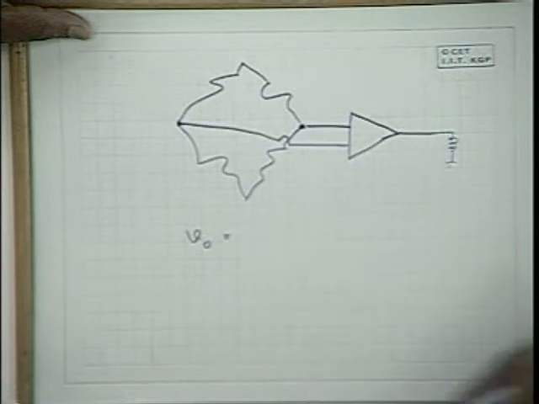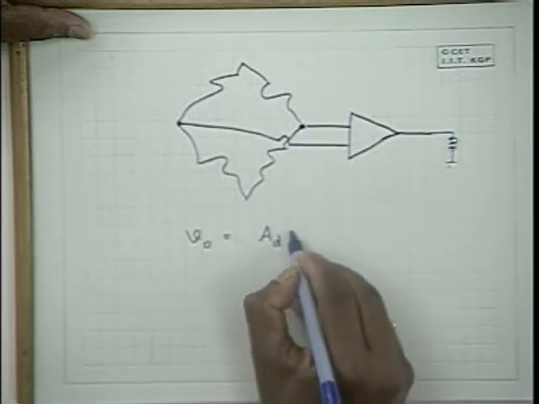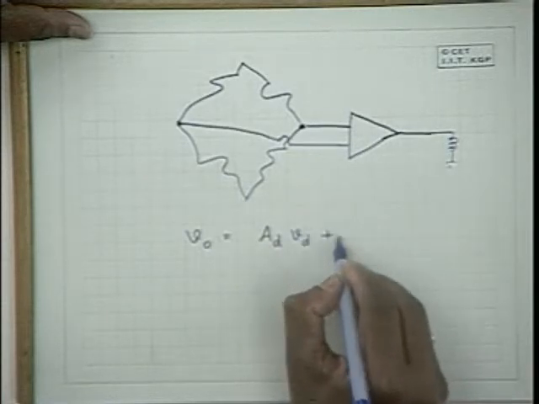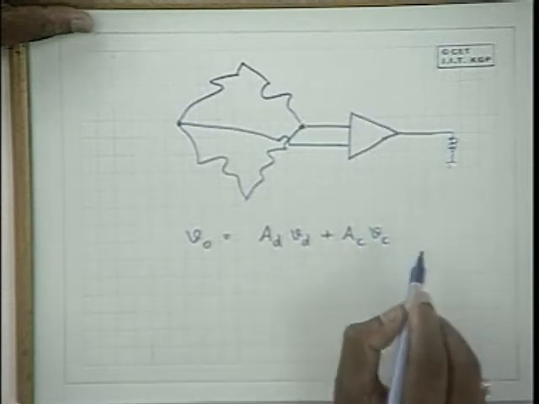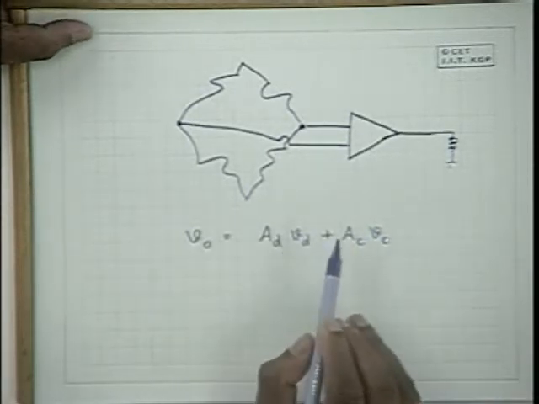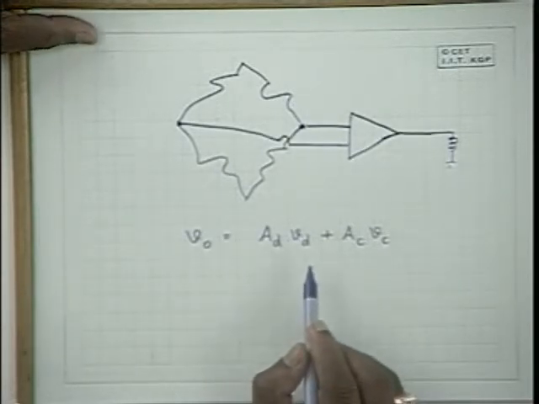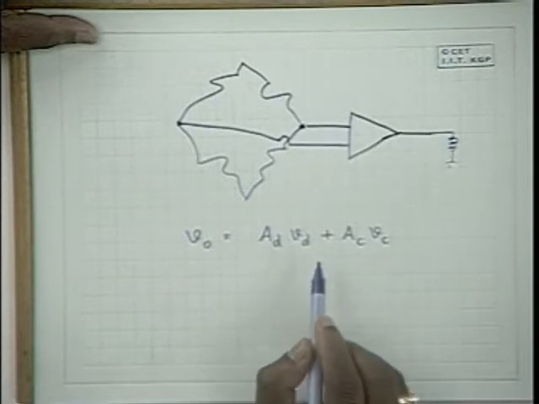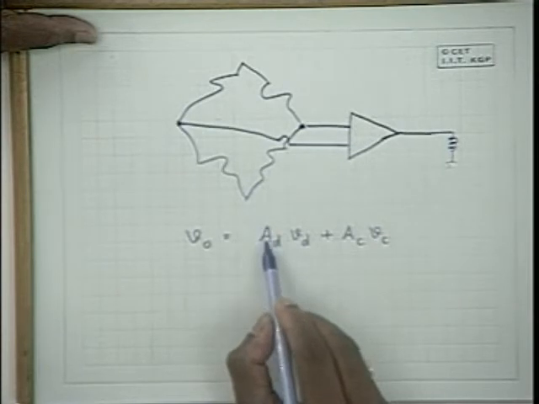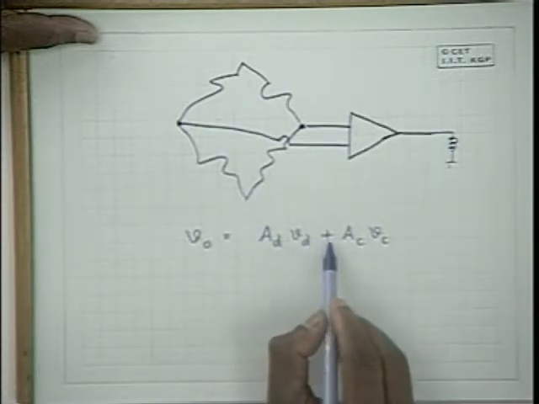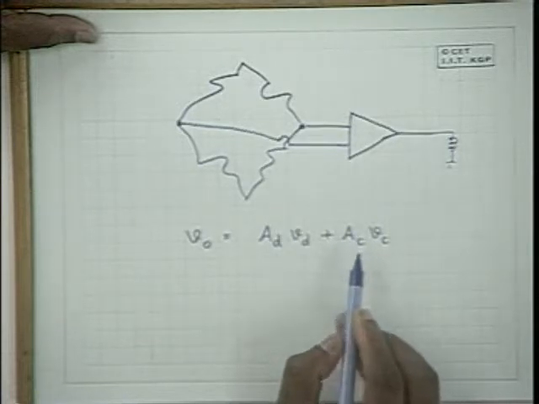The output is equal to the differential gain multiplied by the differential signal plus the common mode gain multiplied by the common mode signal. So in a practical differential amplifier, you have common mode as well as difference mode signals present, and the output is AD multiplied by the differential signal plus AC multiplied by the common mode signal.